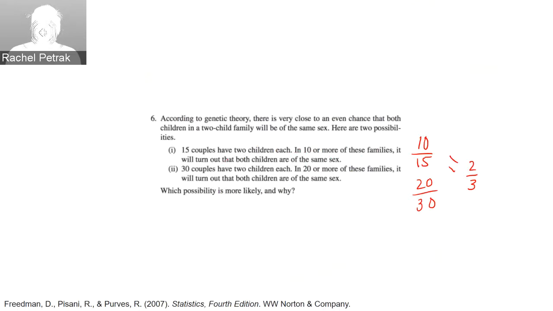It's saying that in 10 or more, it will turn out that both children are of the same sex. So we know that we're looking for something that exceeds the even chances. So if we want to get above 2/3 that have children of the same sex, that's a more rare score. So we want to have option 1, with the smaller number of trials, because it's more likely to have some extreme variability in there.